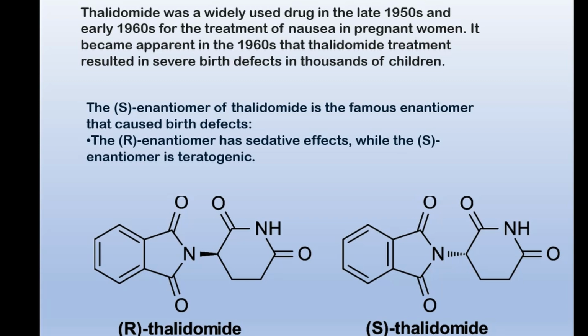A horror, just a horrible thing that happened. And we see here 2 enantiomers. It says the S enantiomer is the famous, it should be infamous, not famous, the infamous enantiomer that caused birth defects. The R enantiomer has a sedative effect, while the S enantiomer is teratogenic.